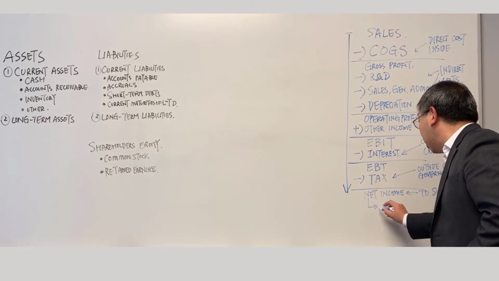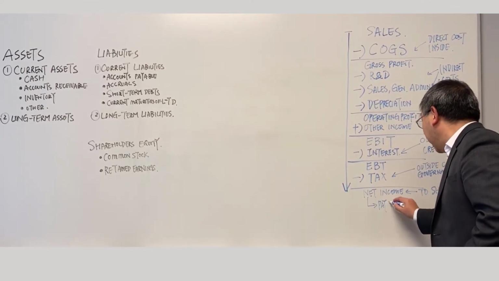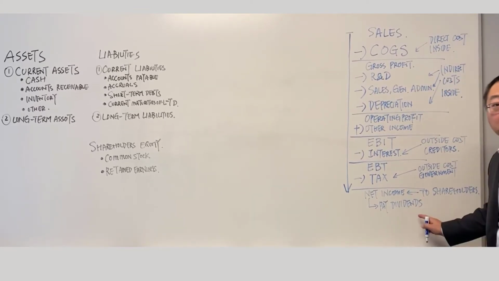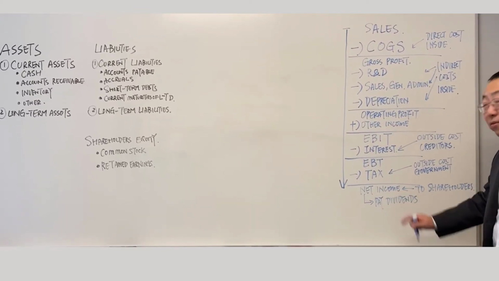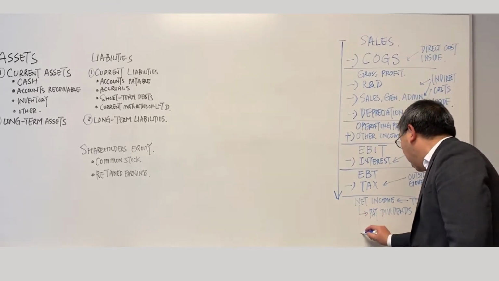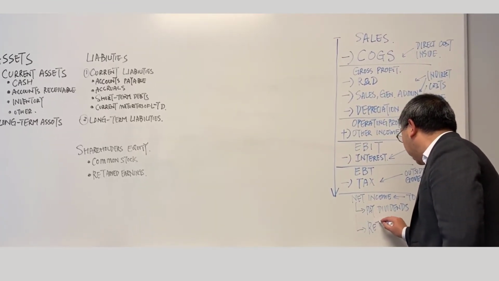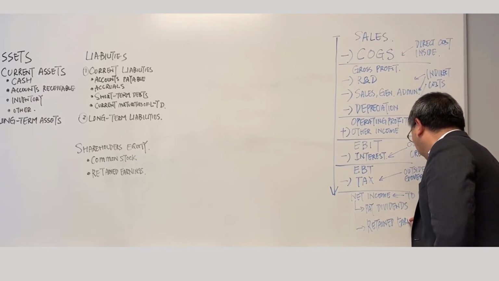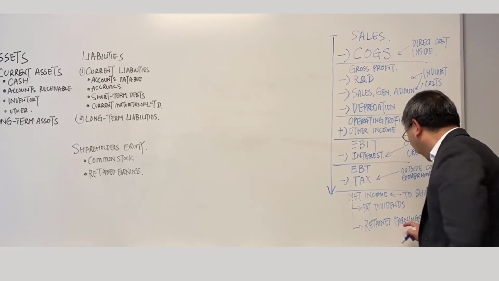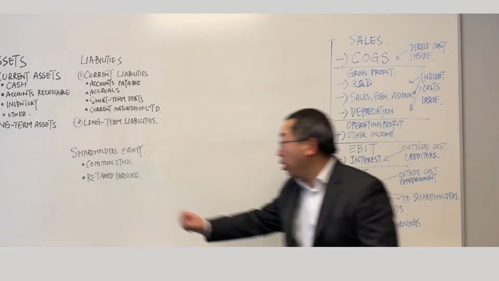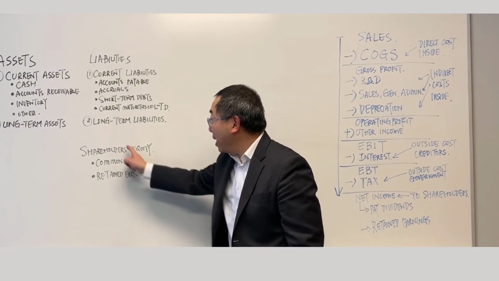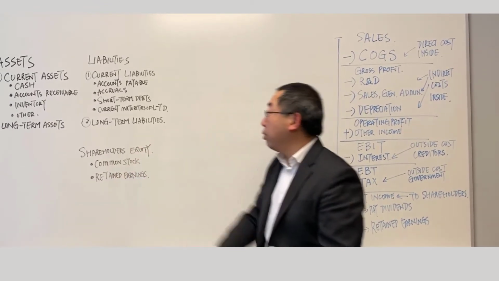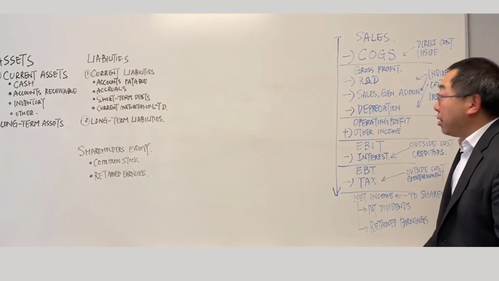The first one is to pay dividends to our shareholders, so it will leave the company. Another one will be retained earnings, that belongs to our shareholders, but will be designated to shareholders' equity under shareholders' name. That's the income statement.